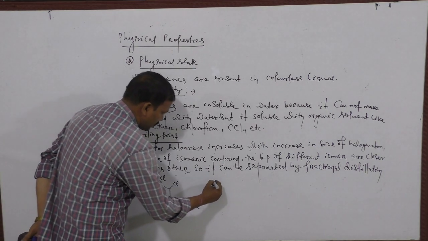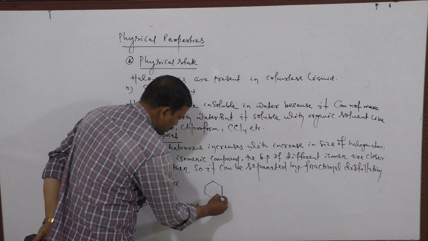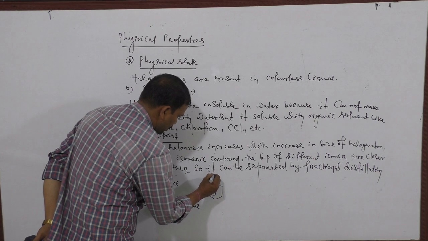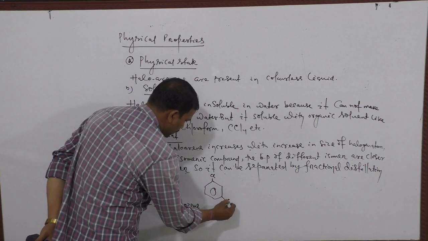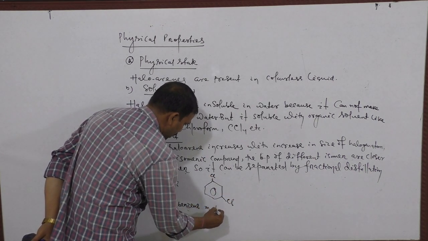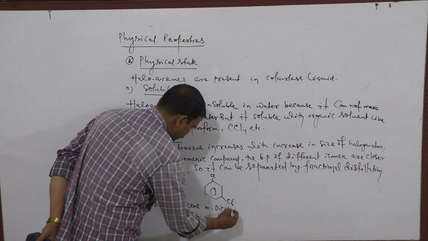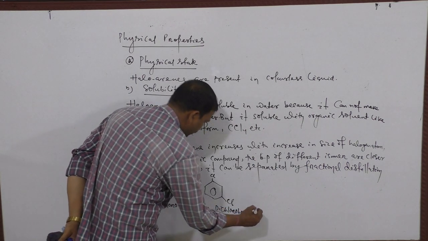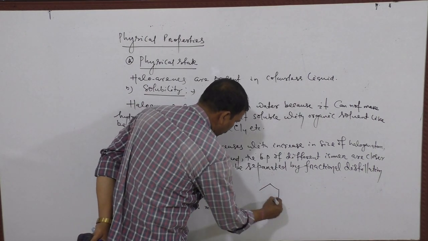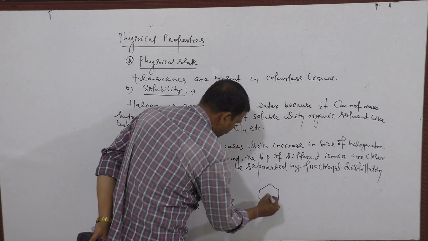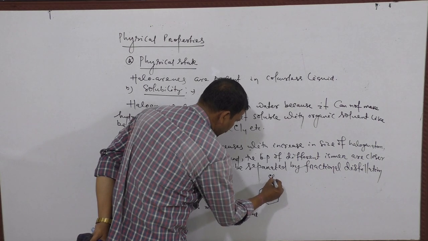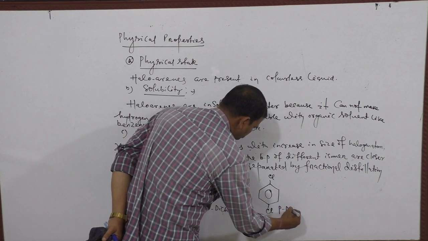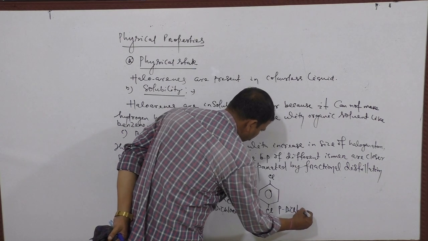Another isomer is Cl. Now this is meta dichlorobenzene. Another one para dichlorobenzene, that is P dichlorobenzene.